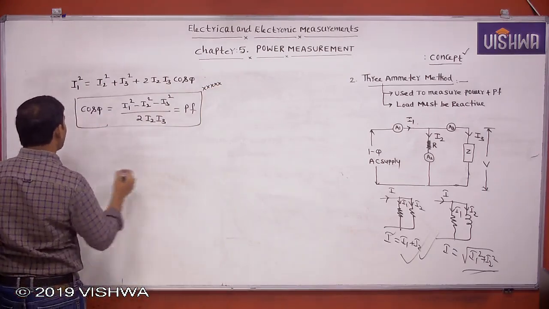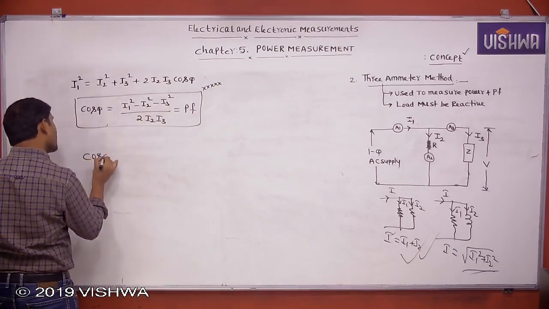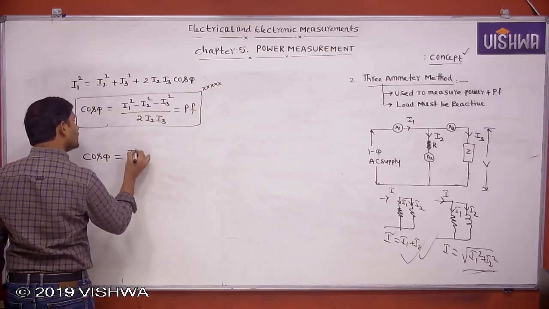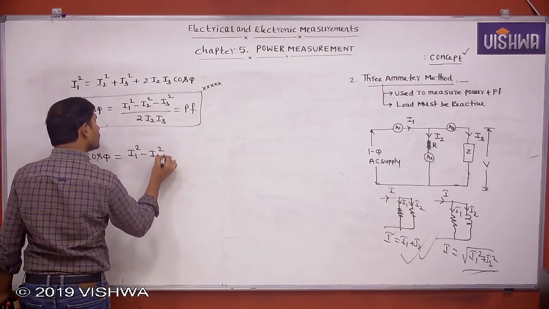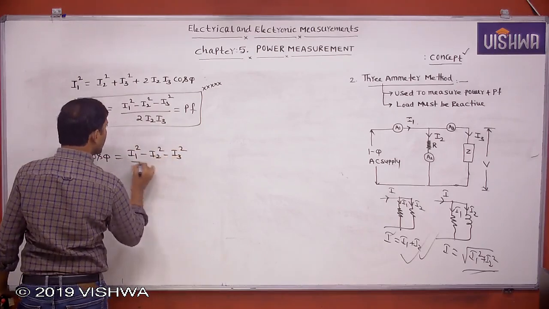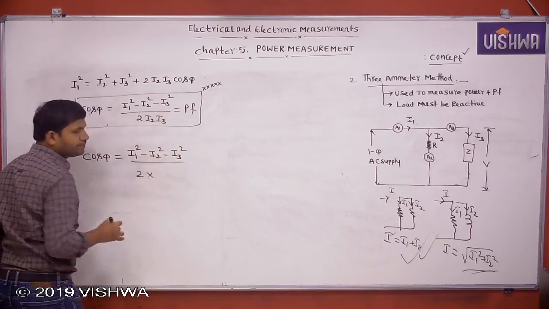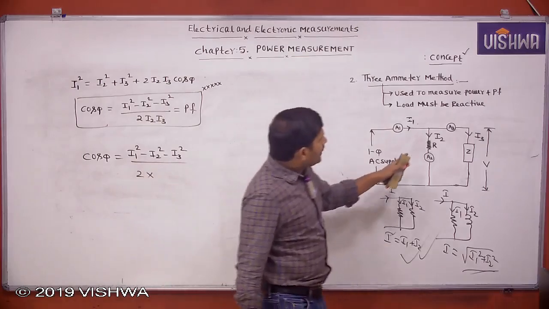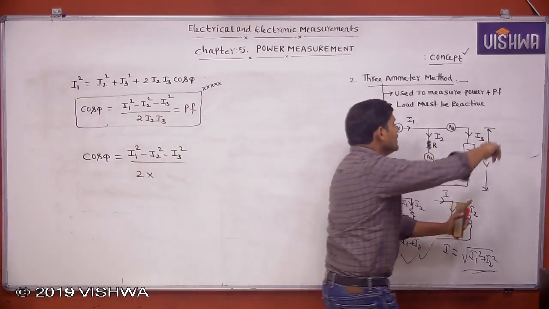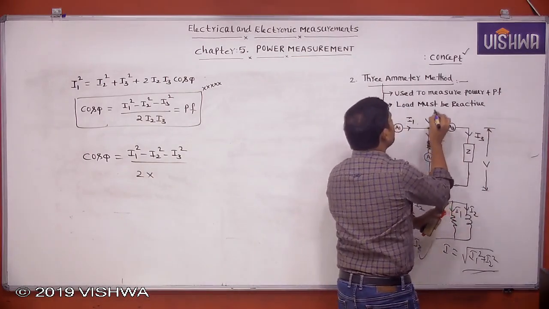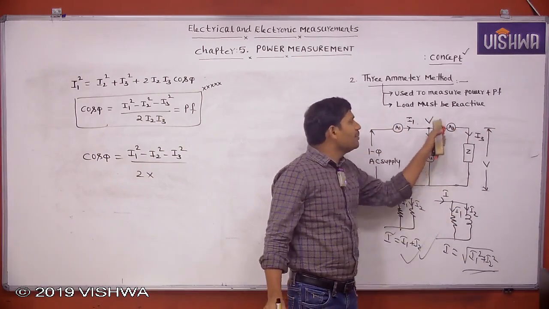Then how to measure the power? Then shall you write like this: cos phi equals I1 square minus I2 square minus I3 square by 2 into, how to write the expression for I2? This is V, which means what? This voltage is also V, because the voltage across the ammeter is negligible.